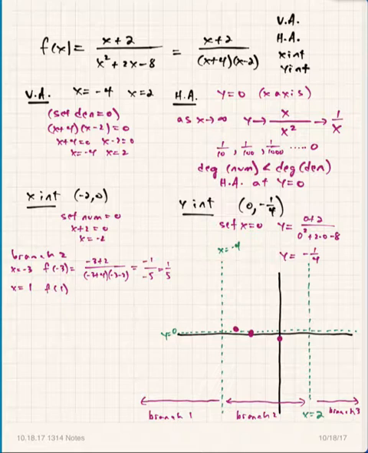So it's sitting right in there somewhere. f of 1. We have (1 + 2) in the numerator over (1 + 4)(1 - 2). So I get 3 over 5 times -1. I get -5. I get -3/5. A little bit past a half. So you get a point right about in there.